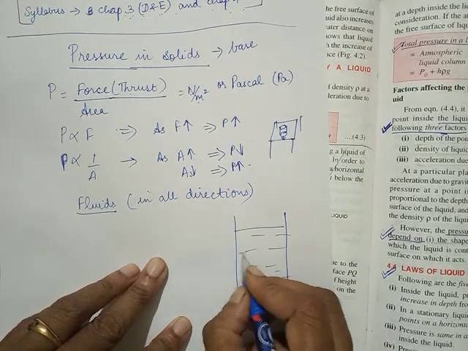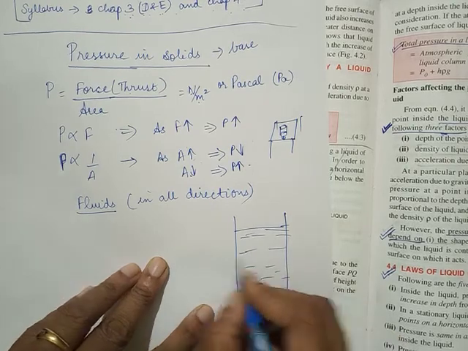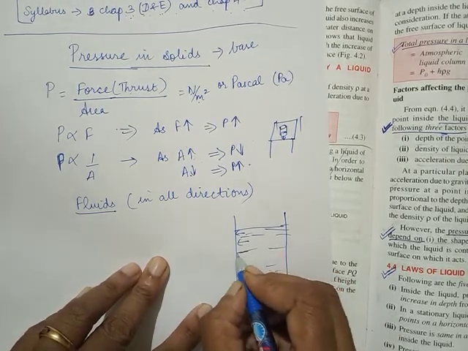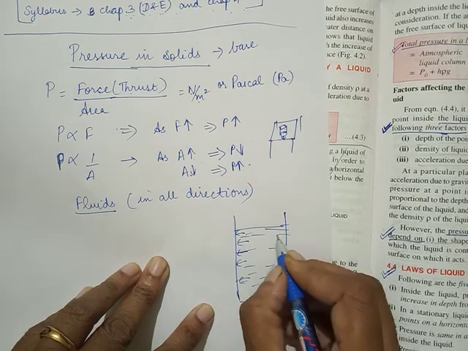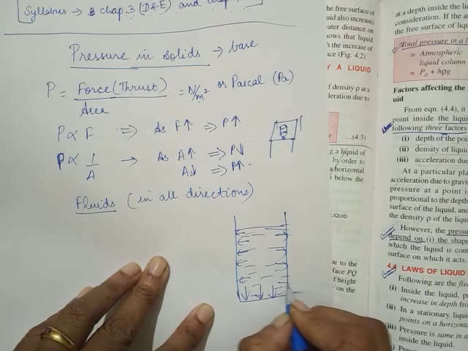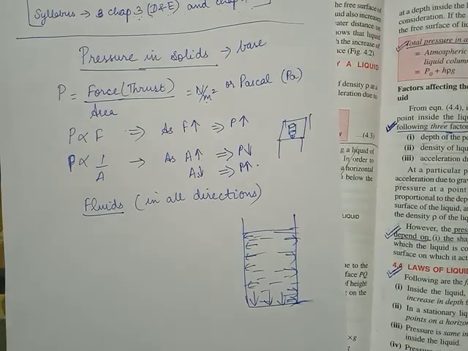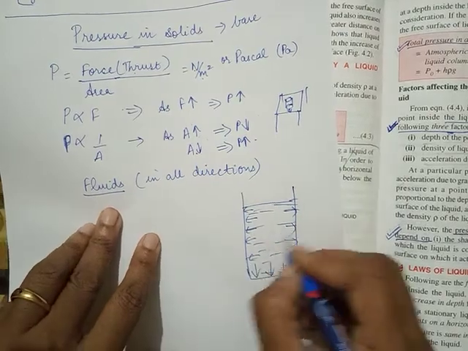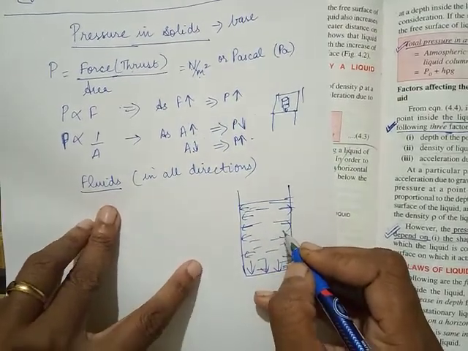Constantly the molecules are moving here and there. Therefore, it exerts pressure on the base and also on the sides of the container. So, we can say fluids exert pressure in all directions because the molecules are constantly moving.